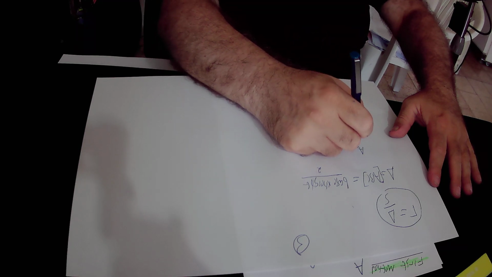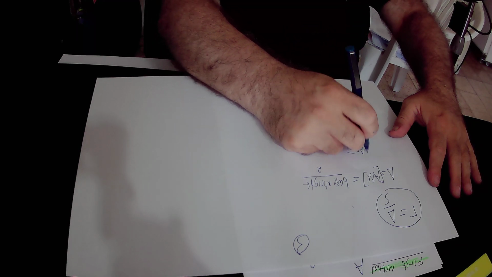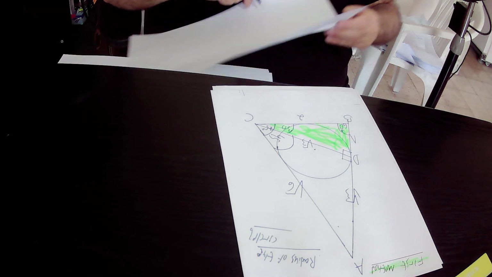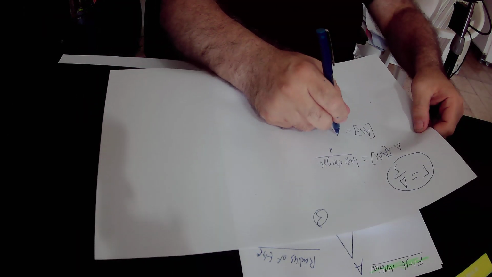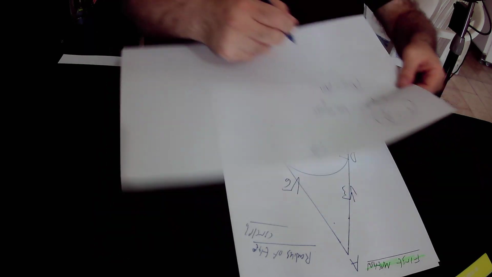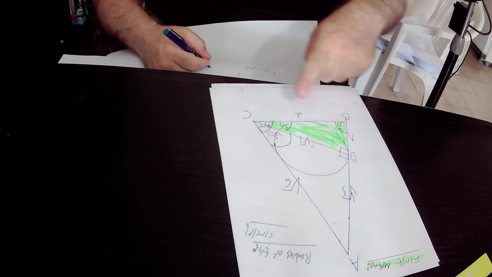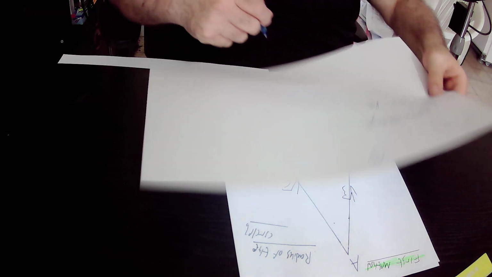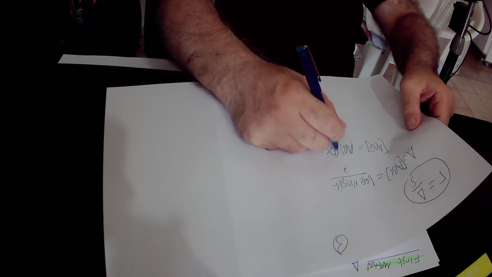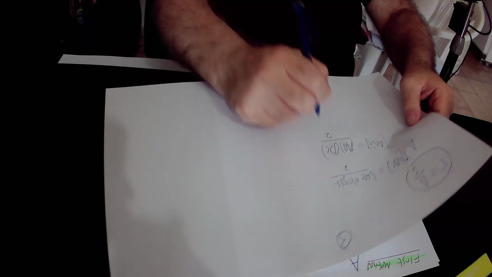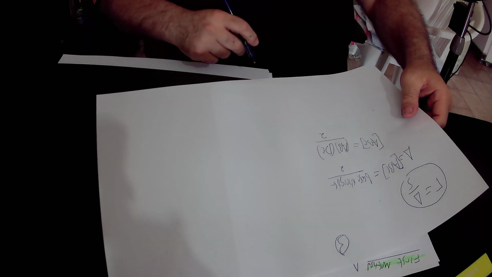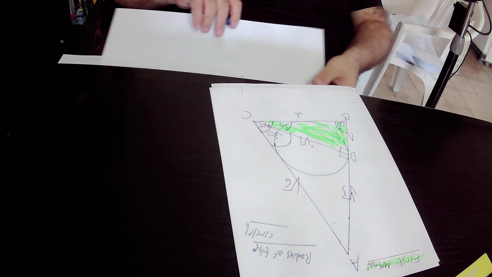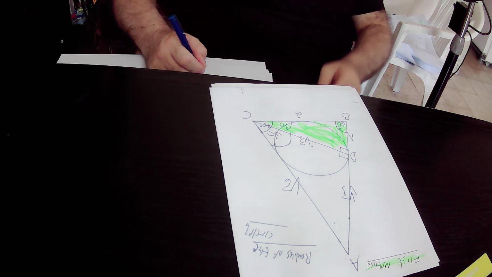So the area of triangle ABC equals the base. We take the base as side AB. The height to the base is side CD because it makes 90 degrees with the base. So it is DC over 2. So AB times DC over 2 is the area of ABC. What is the length of side AB?